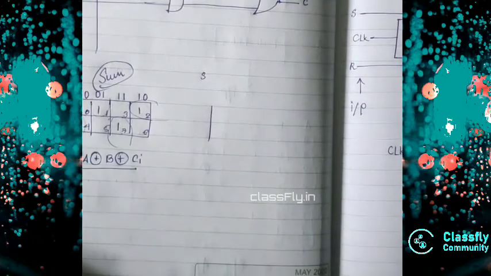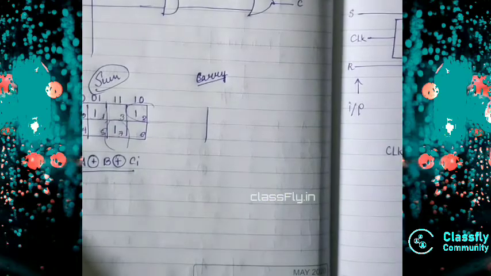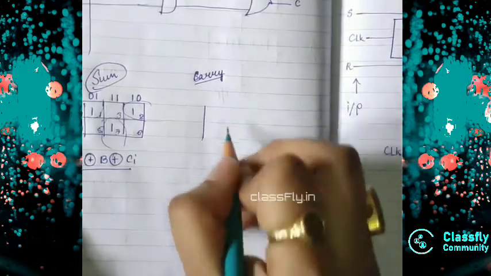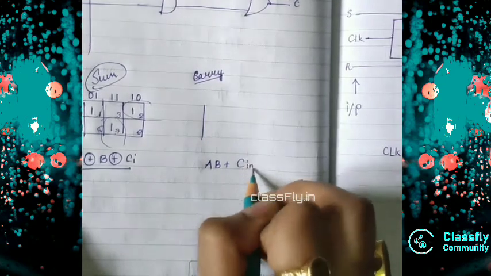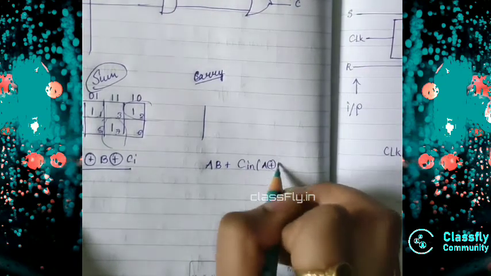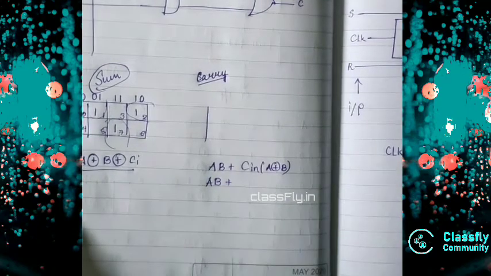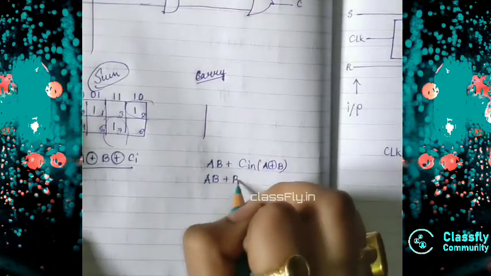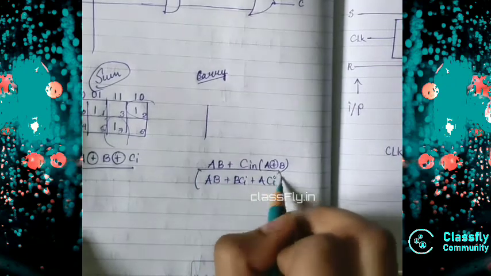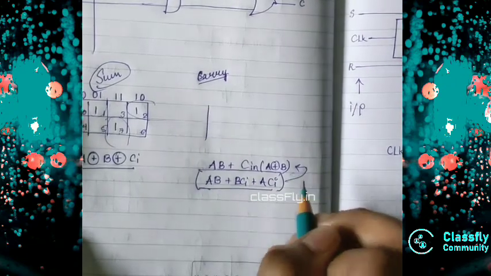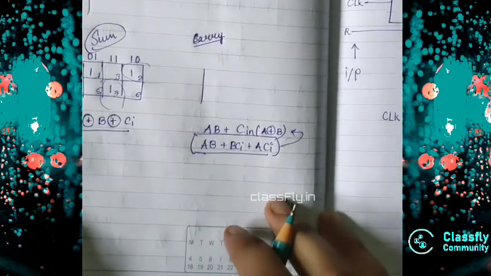So for the carry one, we will try to get the equation AB plus Ci in A XOR B. See, we got AB plus B Ci plus A Ci. If I solve this equation and bring this one, this will take a lot of time and it will be wastage of time for you all in your examination.